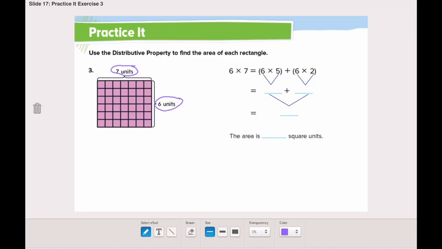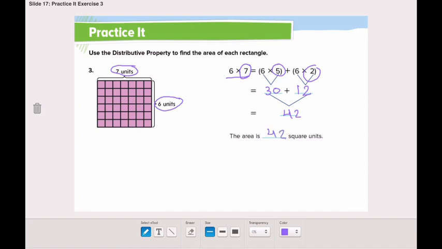So we need to find the area of this rectangle. 6 multiplied by 7. We will decompose the 7 into 5 and 2. Now, what is 6 multiplied by 5? 30. Plus 6 multiplied by 2? 12. So 30 plus 12 is 42. So the area is 42 square units.